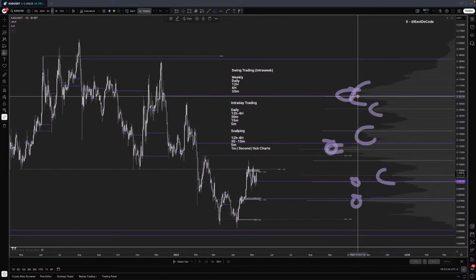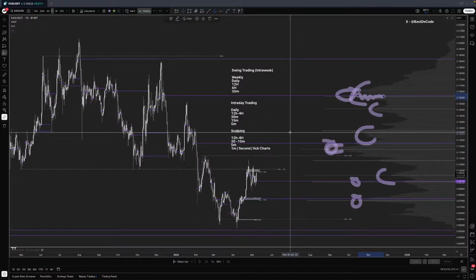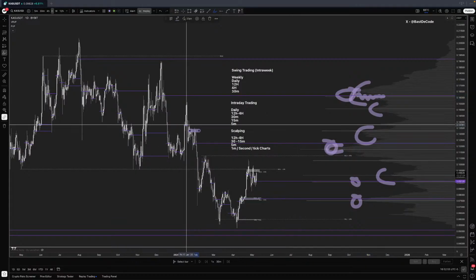Because that's where the market was controlled the most time, where most volume happened. This is where the most volume happened, and that's the concept of a point of control.